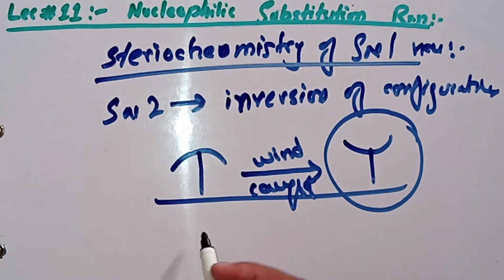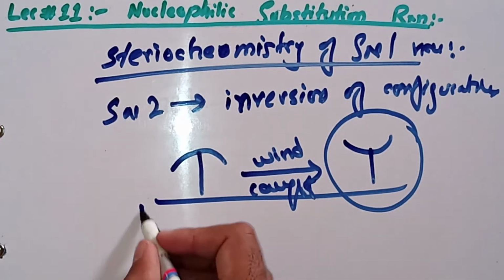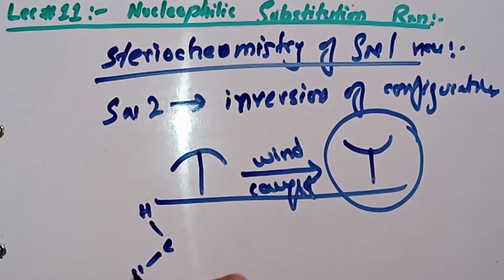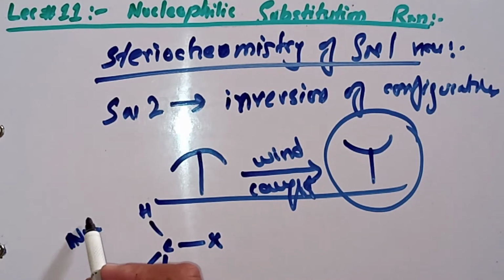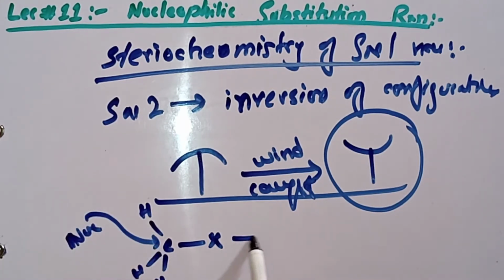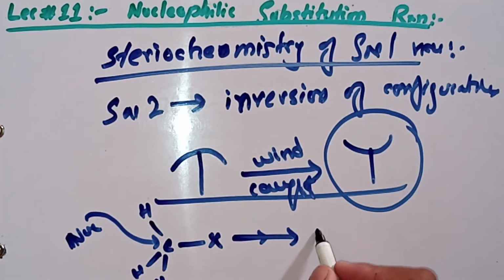Let's suppose similarly, this is one carbon with H, and here an X group is attached. In case of Sn2 reaction, when the nucleophile attacks this electrophilic carbon, the final product becomes like this.